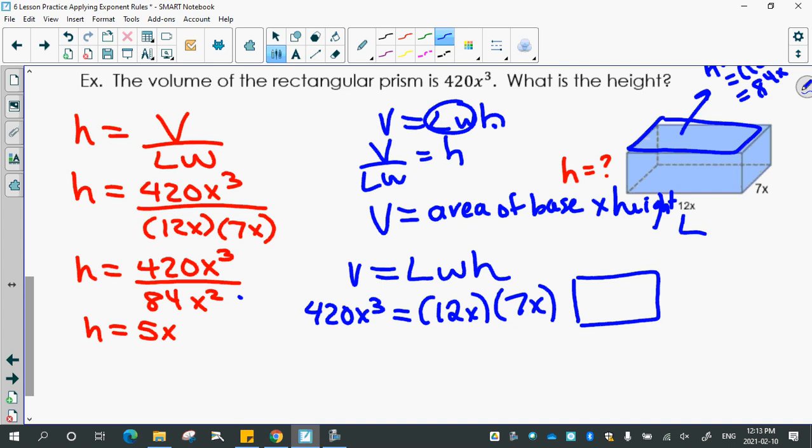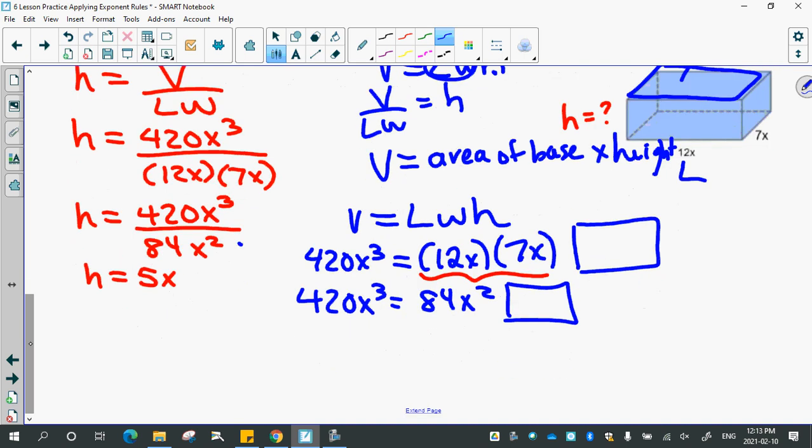And then I might as well multiply these two together here. So my next step down, I would get 84x squared, and then the height's still whatever goes in the box. What do I multiply 84 by to get 420? I do 420 divided by 84, which gives me the 5.